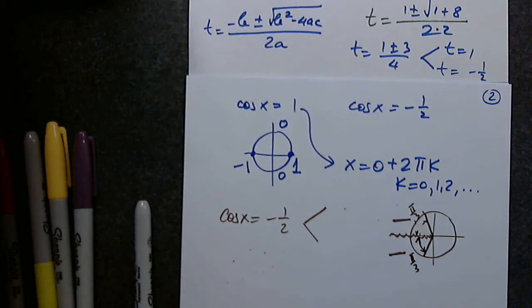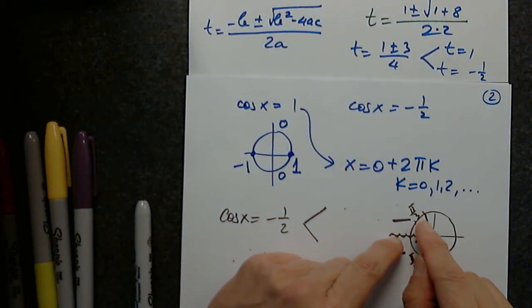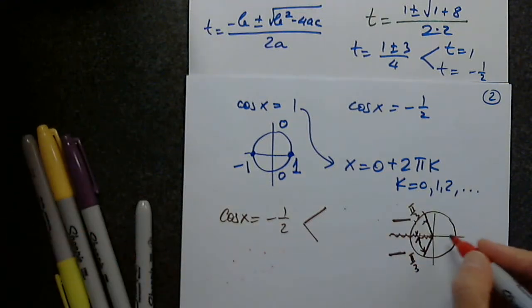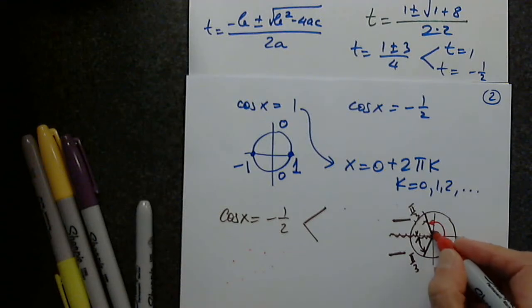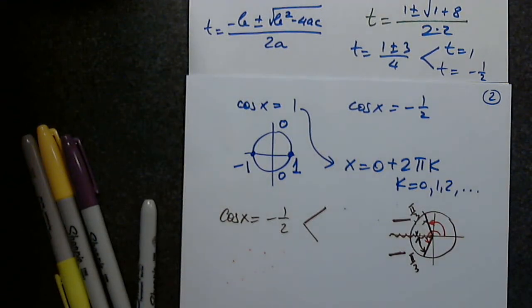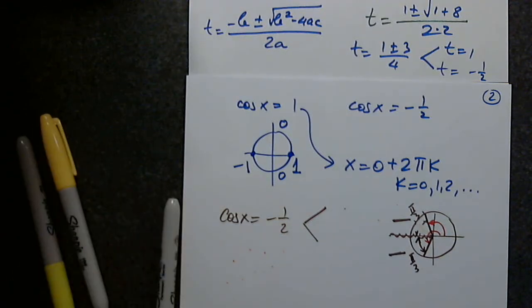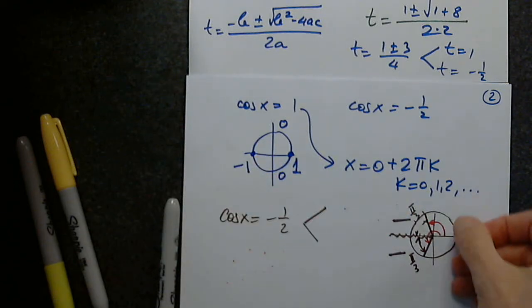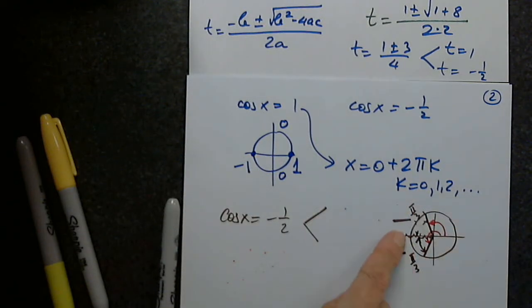So therefore, I have pi minus pi over 3, or pi plus pi over 3, because the angle is this one option, and the other angle is this option. So pi minus pi over 3 will be, because I have to stop here, from pi, I have to subtract pi over 3 to get this angle. So pi minus pi over 3 is? 2 pi over 3. Very good.